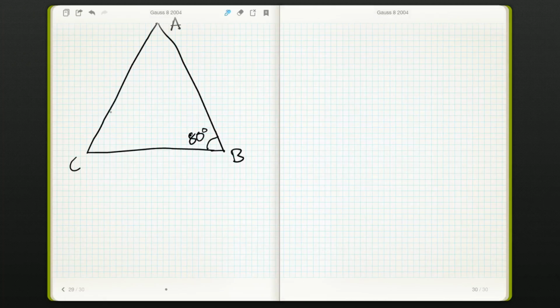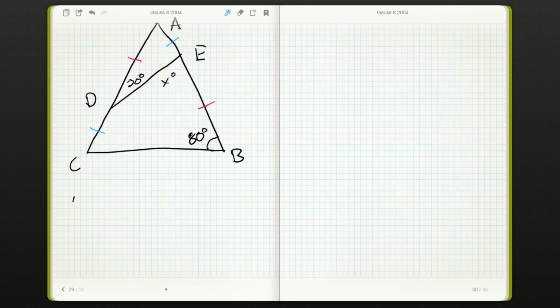And then at some point, some distance up here, we can connect. We get 30 degrees here. And this length and this length are the same. This length and this length are the same. And we want to figure out x degrees. Okay, what are we to do? And I think these are called D and E.